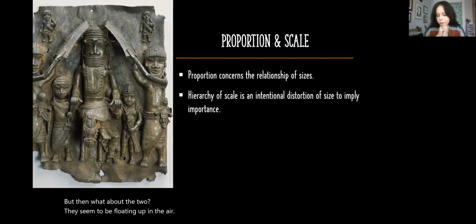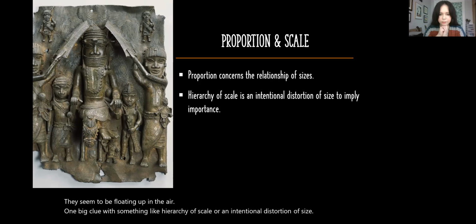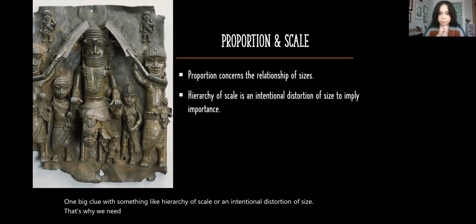One big clue with something like hierarchy of scale or an intentional distortion of size, that's when we need to really think about interpretation. All of these formal analysis terms lead us to an interpretation, first and foremost of the artist's choices.